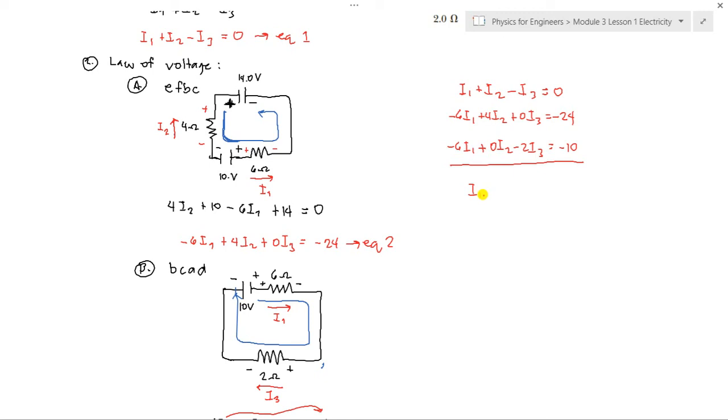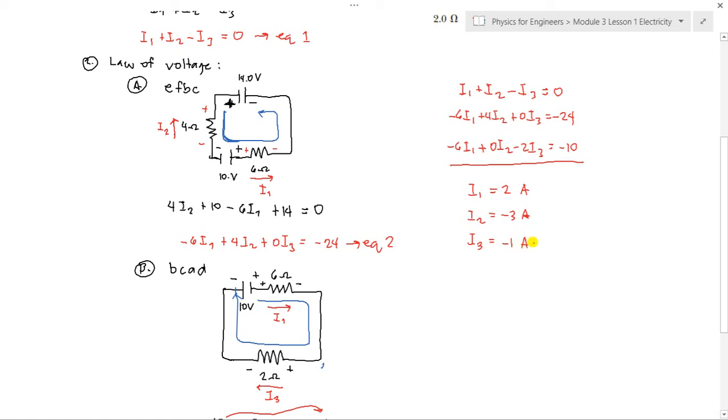So our I1 is equal to 2 amperes. I2 here is equal to negative 3 amperes. Our last current is negative 1 ampere.